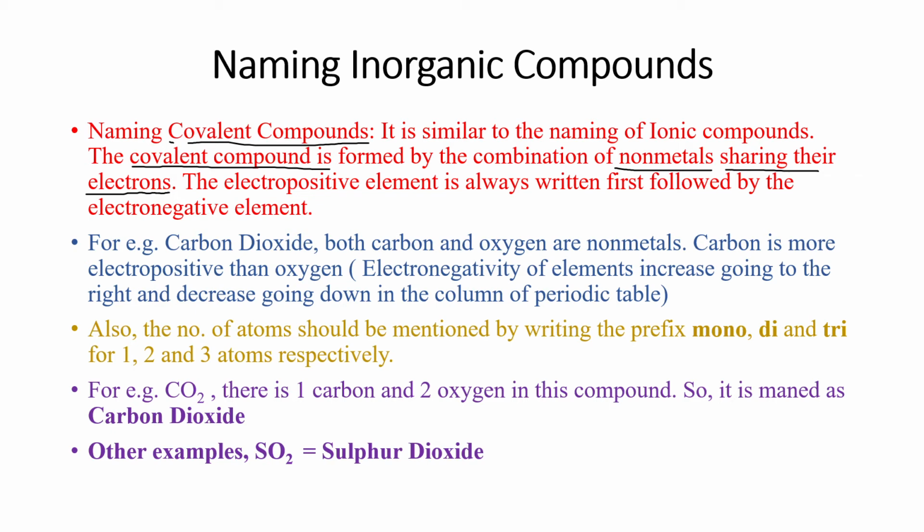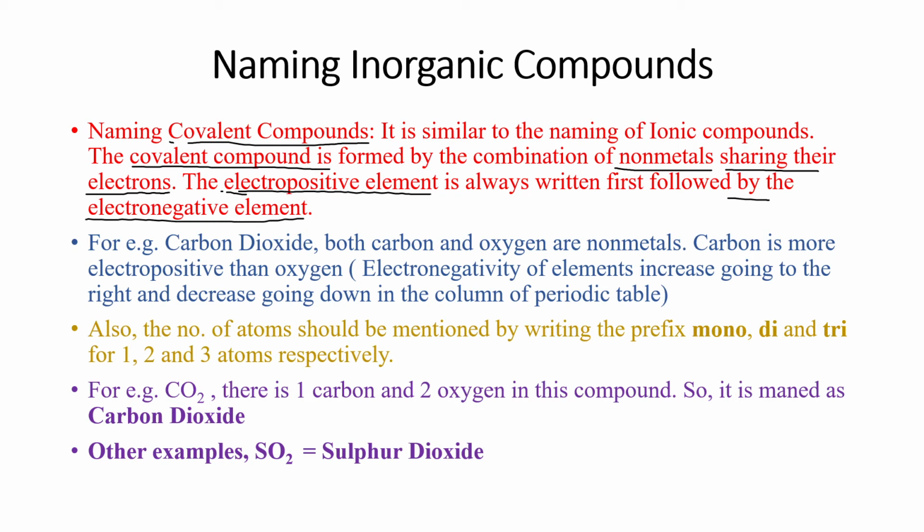In ionic compounds, metals combine with nonmetals, whereas in covalent compounds, two nonmetals combine together by sharing their valence electrons. The electropositive element is always written first, followed by the electronegative element.